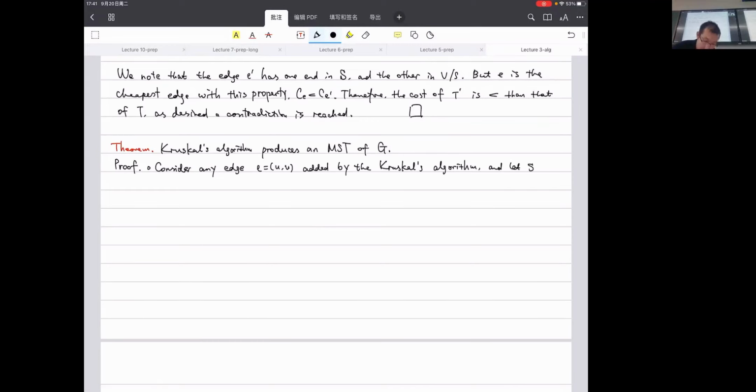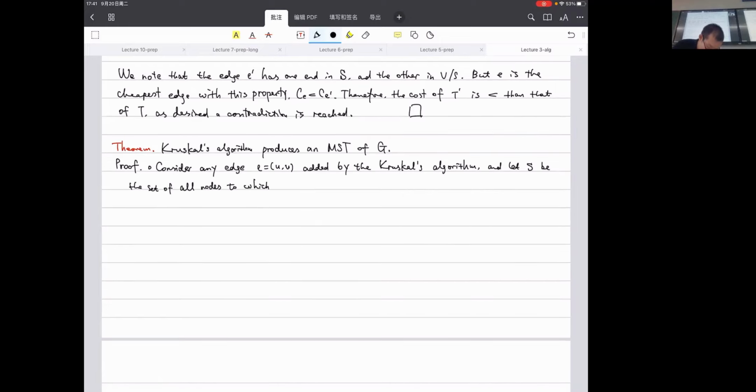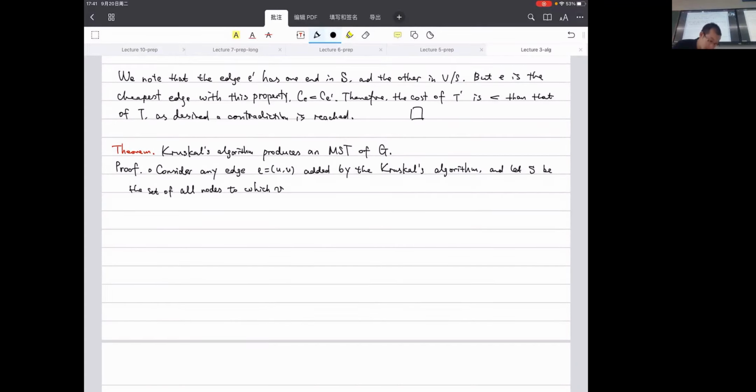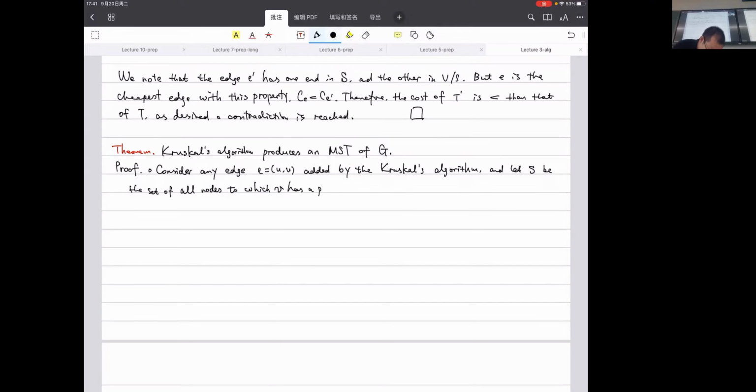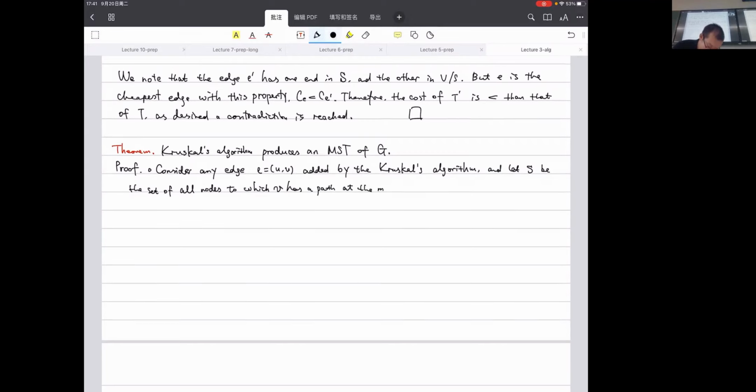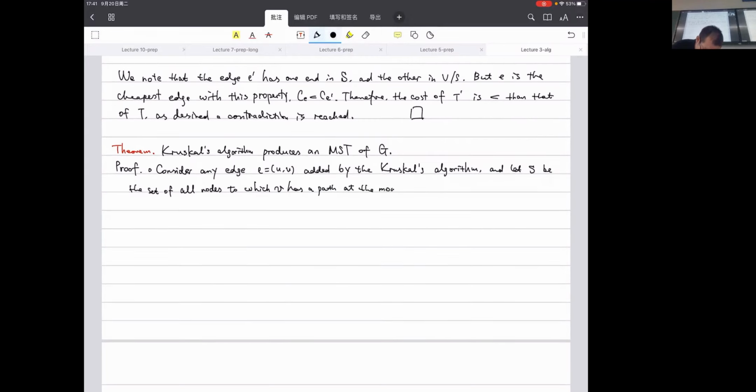And let S be the set of all nodes to which u has a path at the moment, just before e is added.